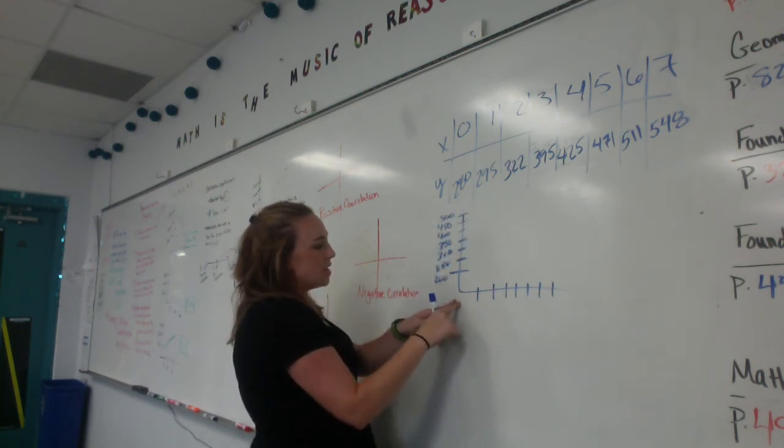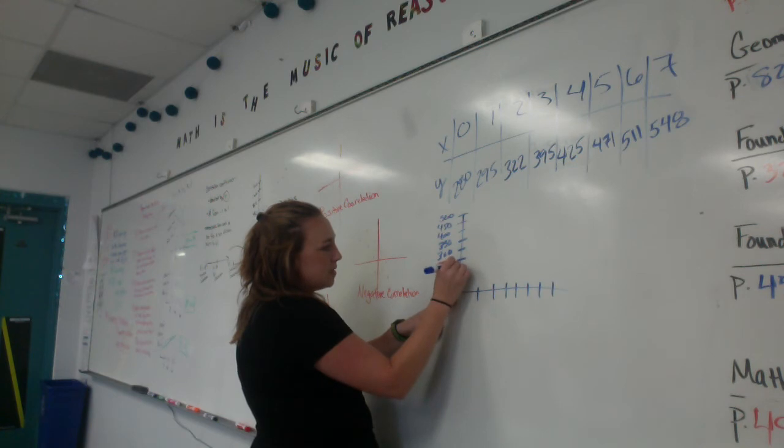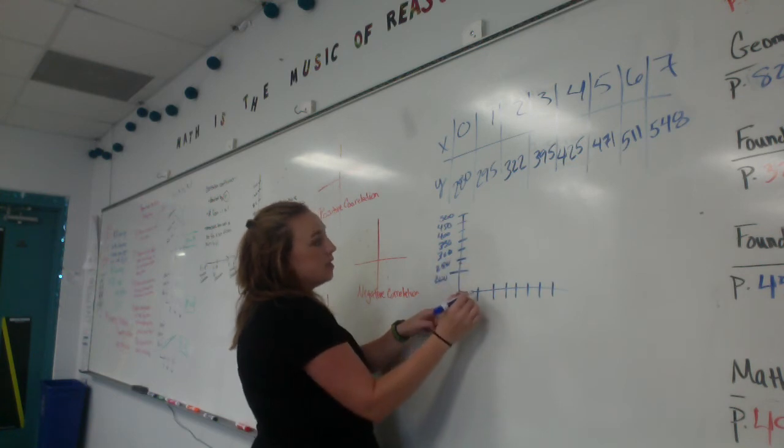So 0 is at 280, which would be someplace like here.